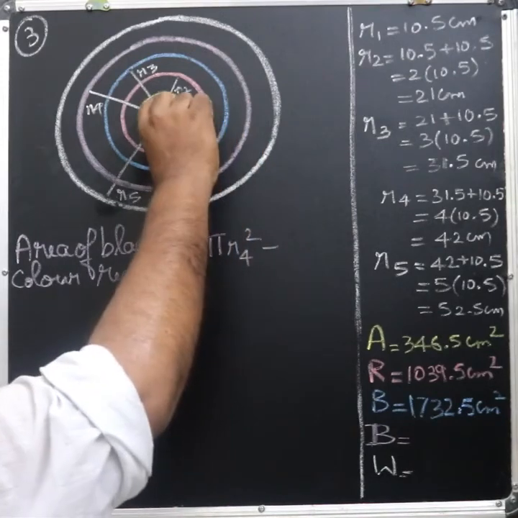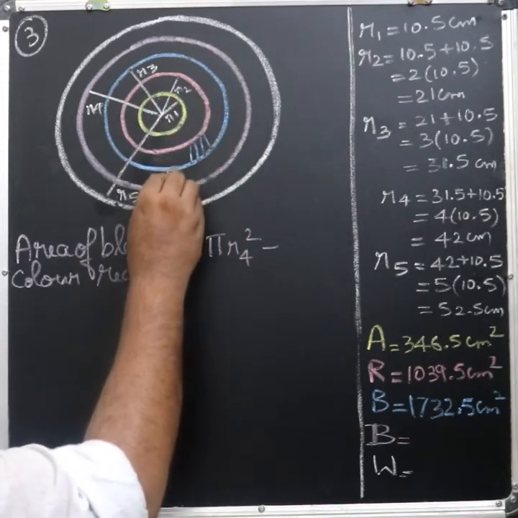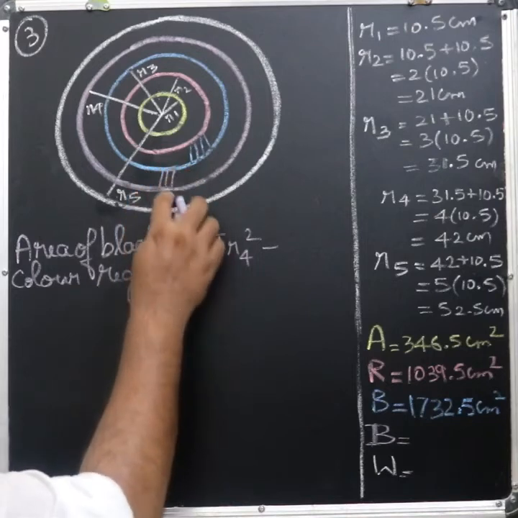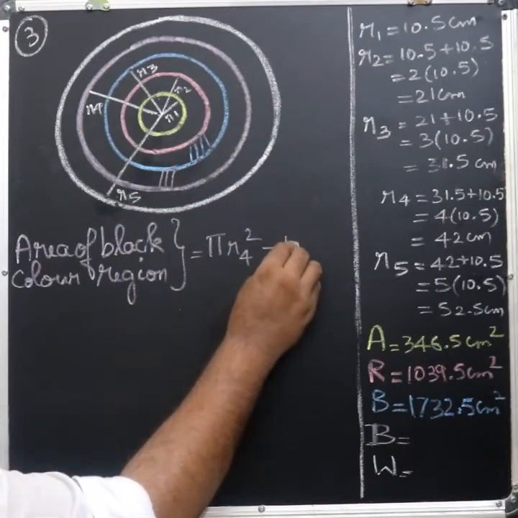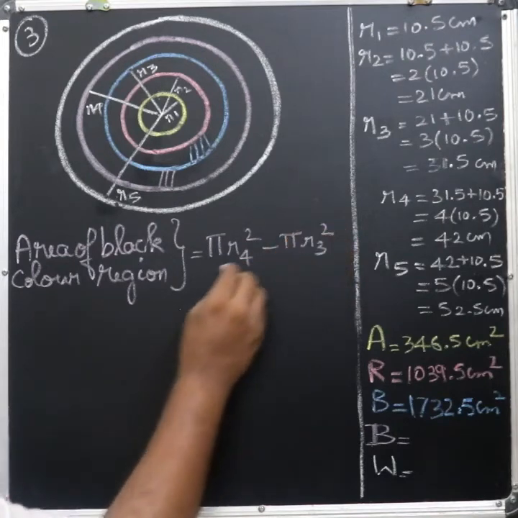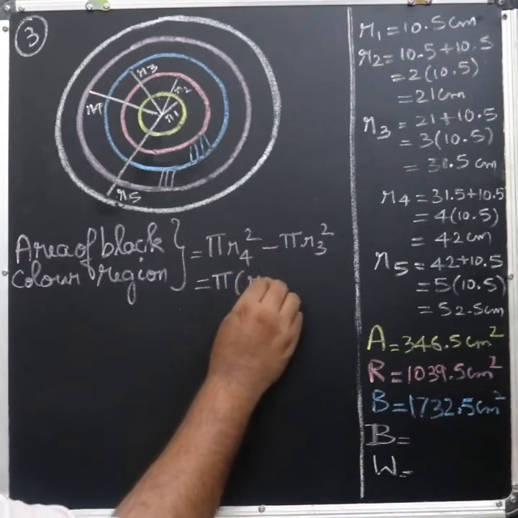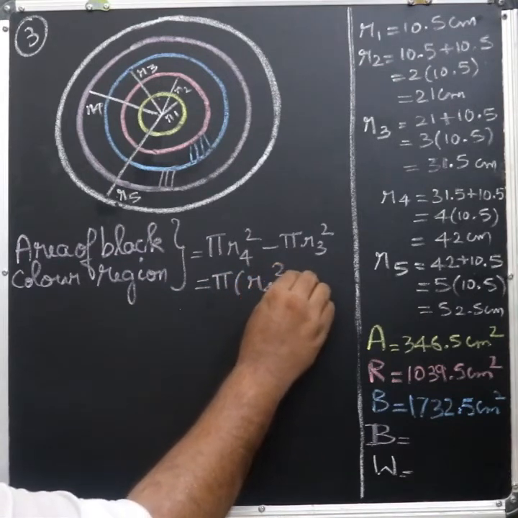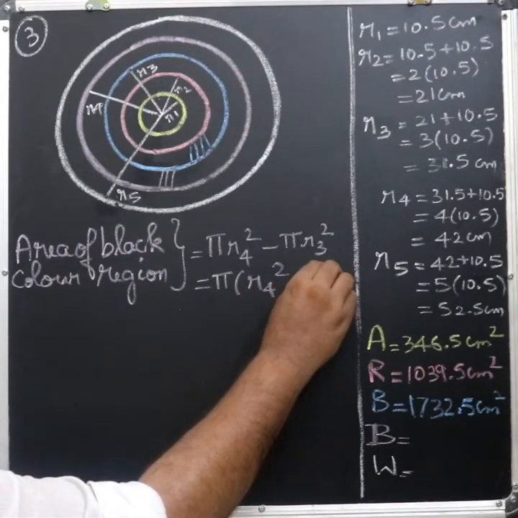If you subtract the radius up to 3, this region is going to be your area of that black color region. So that is going to be pi r3 squared. You have to subtract that. Pulling out that pi commonly outside, we will have r4 squared minus r3 squared.